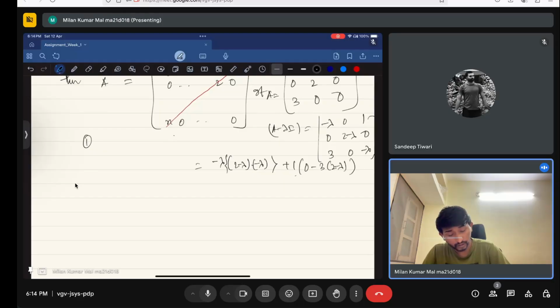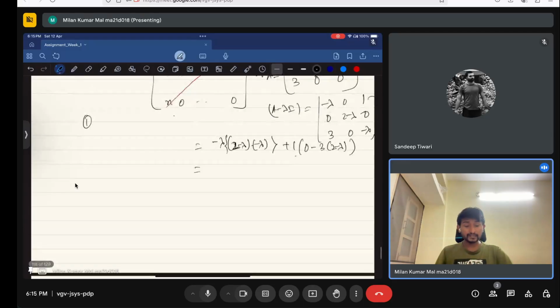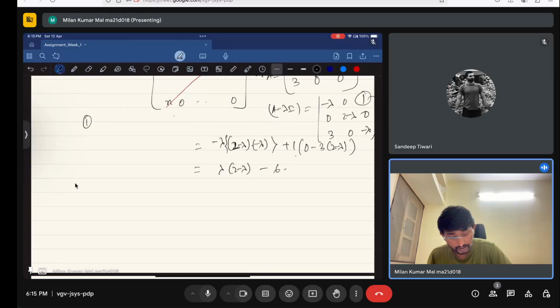Please look at whether I'm making any mistake. So therefore it will be lambda into 2 minus lambda plus minus 6 plus 3 lambda.